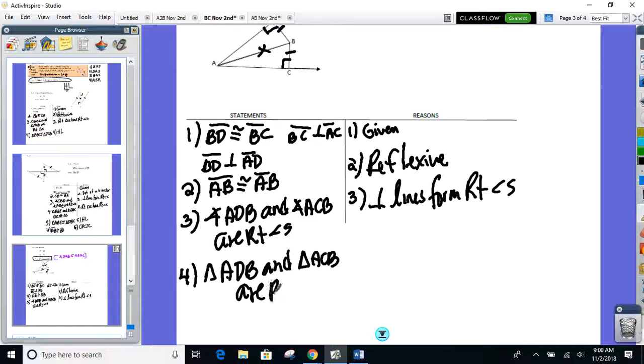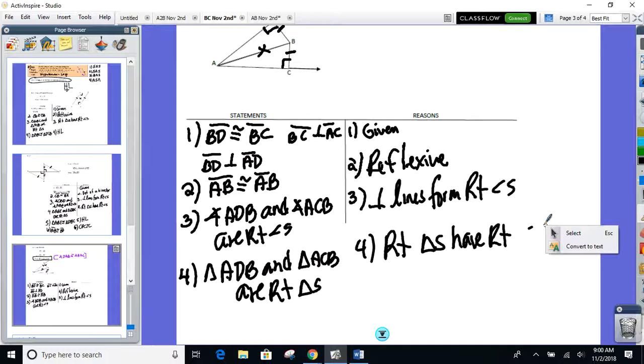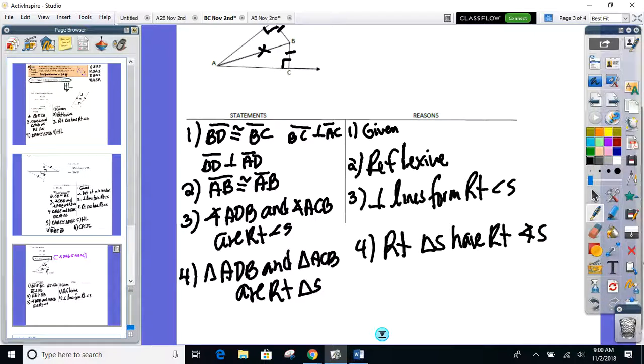Why are they right triangles? Are the triangles now congruent? Do I have enough information? Everyone see the HL in that diagram. Everyone see the hypotenuse, which is your reflexive side, and the legs, which were given.